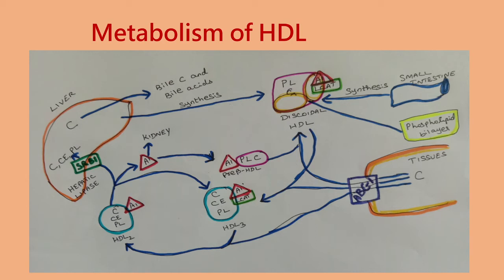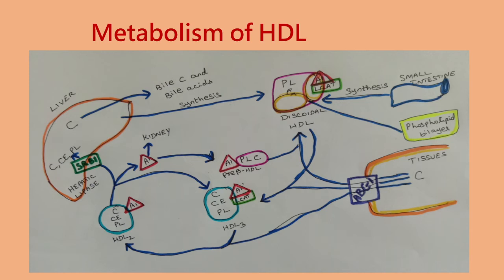In addition, the free apoprotein A1 available in HDL2 will be released by this process, and it forms pre-beta HDL after associating with a minimum amount of phospholipid and cholesterol.